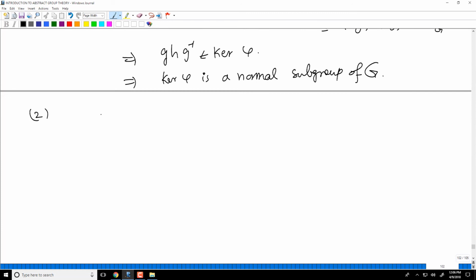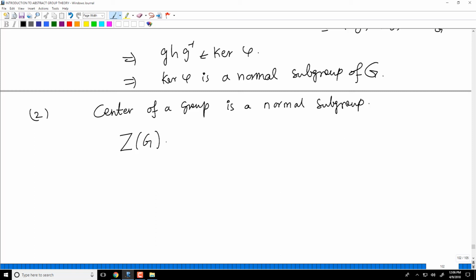A second important example of a normal subgroup is the center of a group. The center is always a normal subgroup. So recall what is the center of a group G. It is denoted by Z(G).